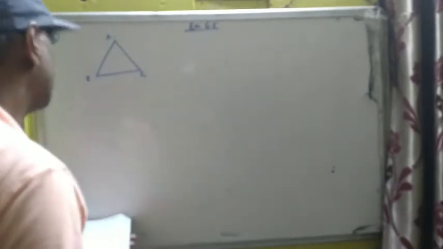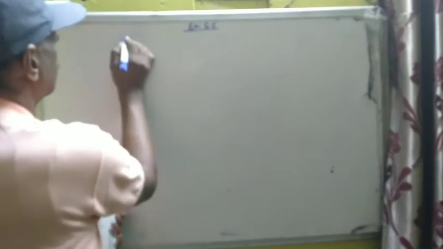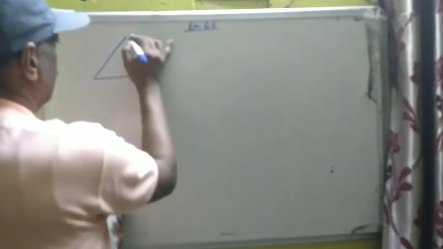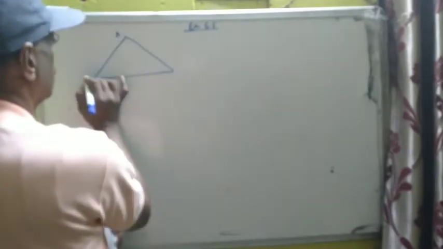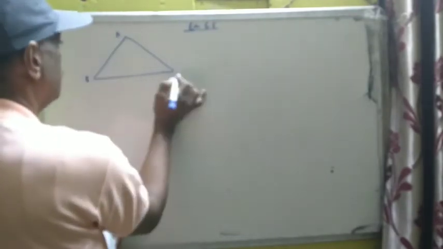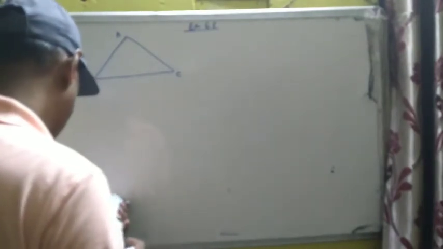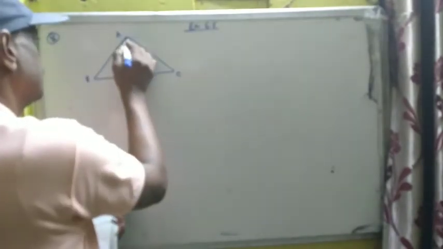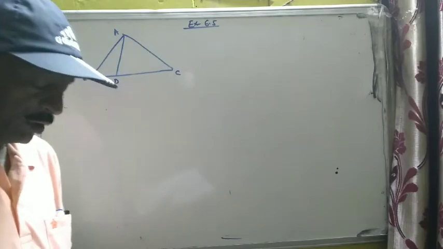It is said that in an equilateral triangle ABC, D is a point on side BC. Let us draw the figure a little bit bigger. This is an equilateral triangle ABC and D is a point on side BC, such that DB equal to 3 CD.